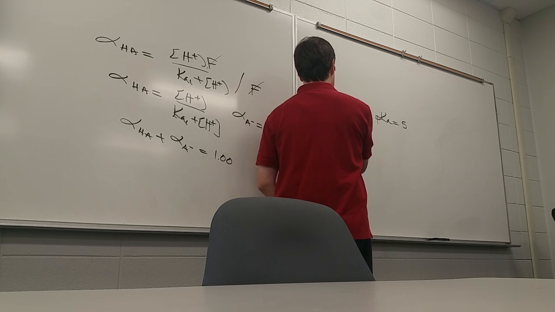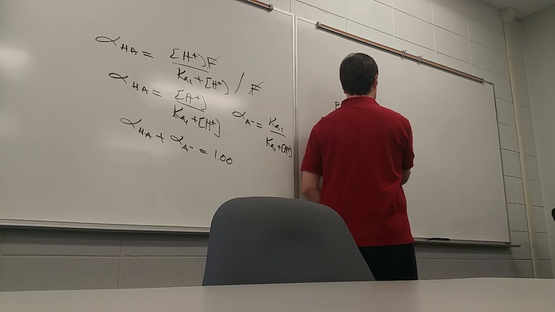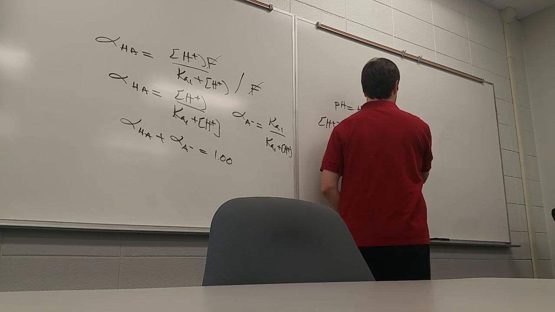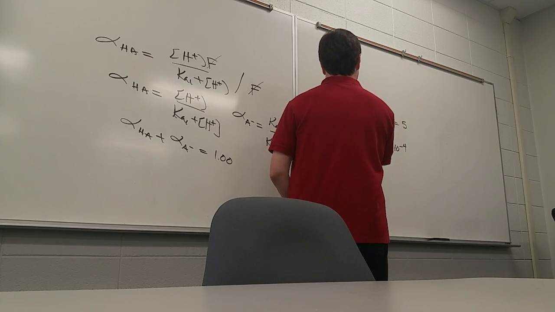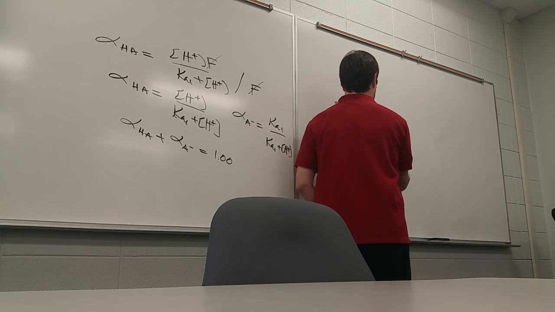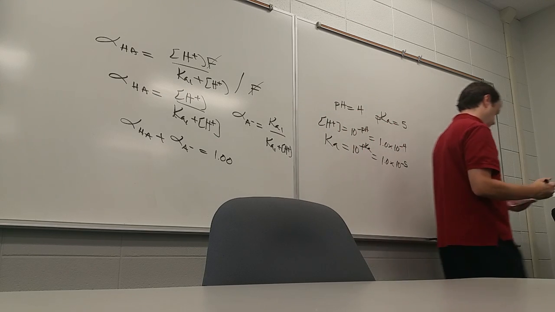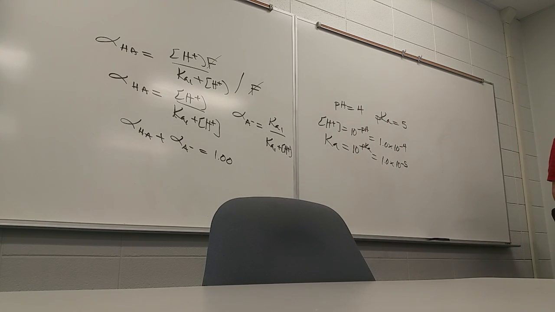So first thing is H plus is 10 to the minus pH, or 10 to the minus 4th. And Ka would be 10 to the minus pKa, or 1.0 times 10 to the minus 5th. Of course, we just rearranged those equations a little bit.